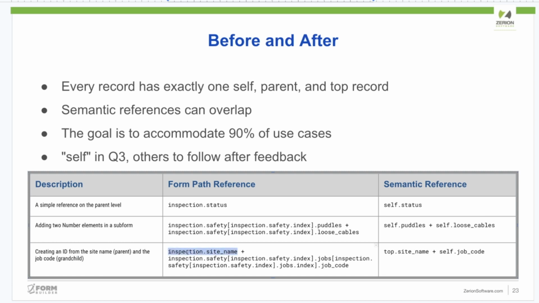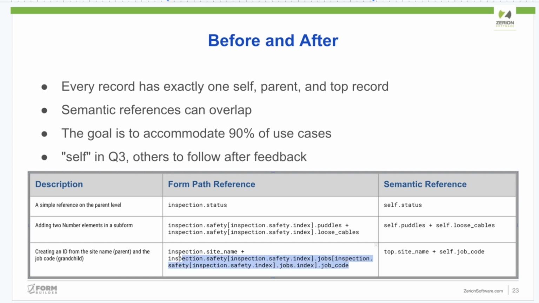Right now, this would look like this: form name.site name, because this is on the parent. And then we would add it to the form, subform, current index, grandchild subform. This is all a big piece for current index, and then job code eventually.